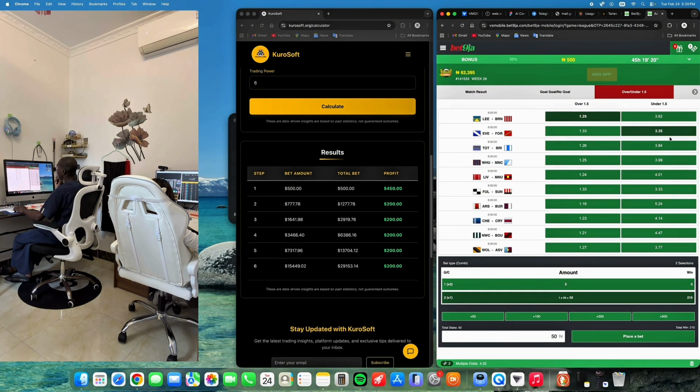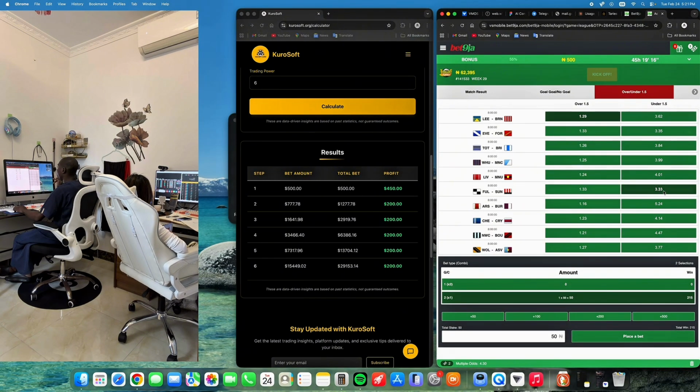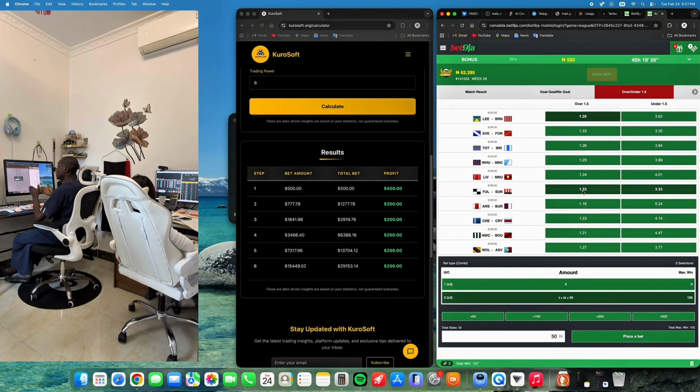Why so? Because among the high odds, this one is lower. So if this one has a chance of making a win, then automatically this one is at risk. Whoever is picking this 1.33 is at risk.